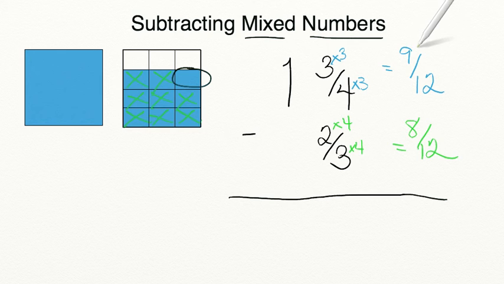And if we subtract our fractions, 9 twelfths minus 8 twelfths equals that 1/12 that we have left over. And since we didn't have to divide our whole number into a fraction as well, we're just going to bring our whole number down, which makes sense because 1 minus 0 equals 1. So 1 3/4 minus 2/3 equals 1 1/12.